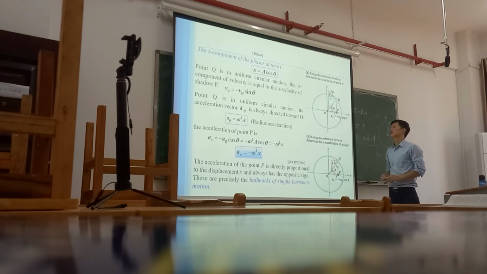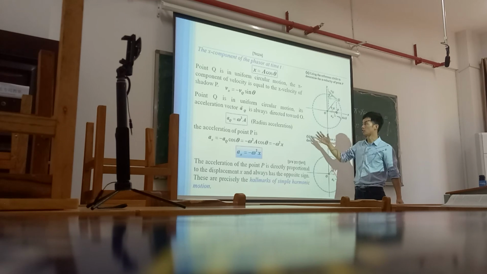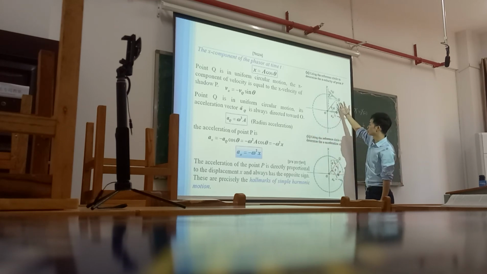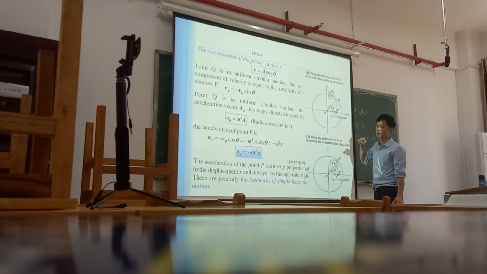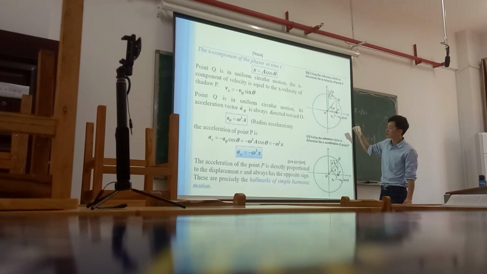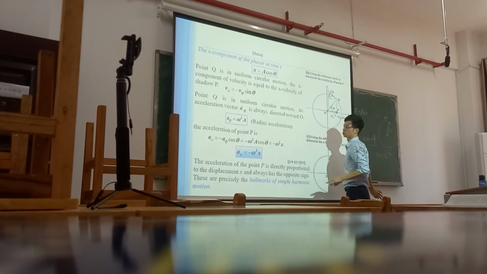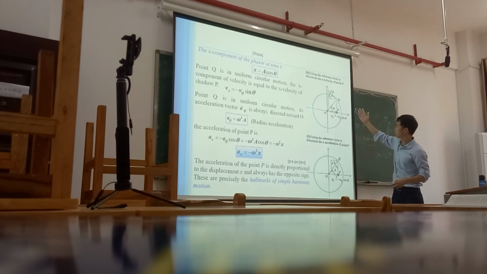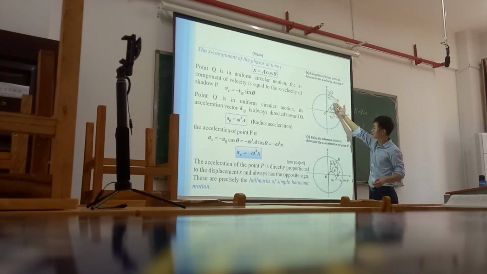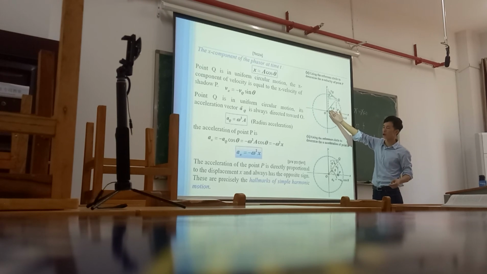We can also find the acceleration along the x-axis, because Q is in circular motion. Circular motion has a radial acceleration, which is always along the radius and points to the origin.